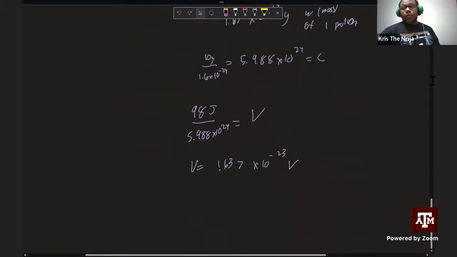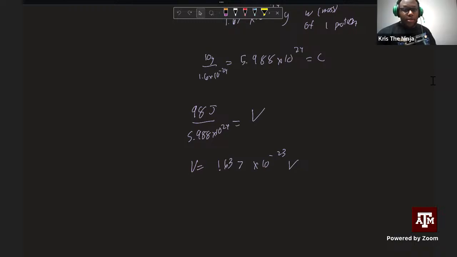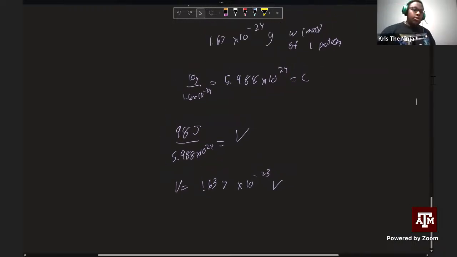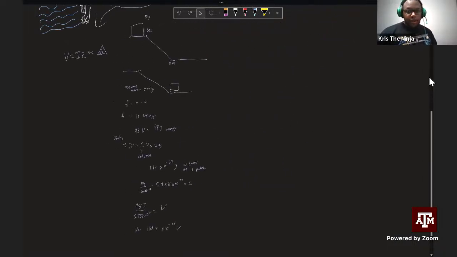That's a very, very small voltage for that amount of change, but that's essentially how voltages work because that's a potential difference. We gave it a charge. We have an amount of energy going into it. That's how voltages work.